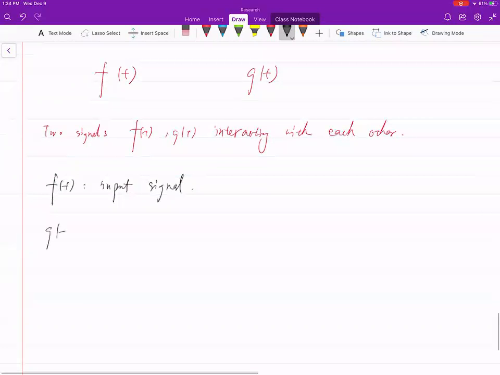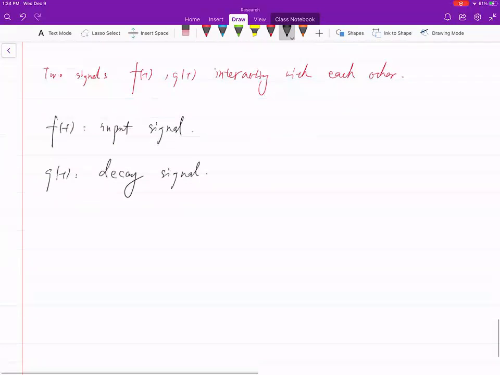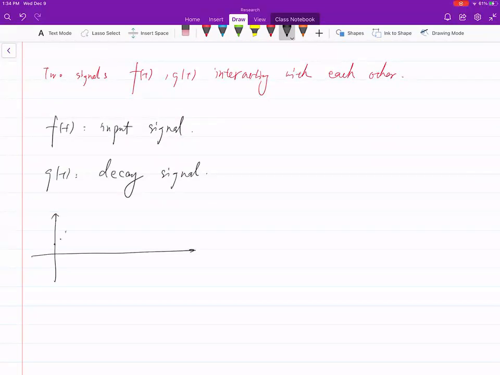And g(t) doesn't have to be, but for this case, I want to take it to be a decay signal. And let me explain what it means. f(t) can be anything. Let's take a discrete case for simplicity.